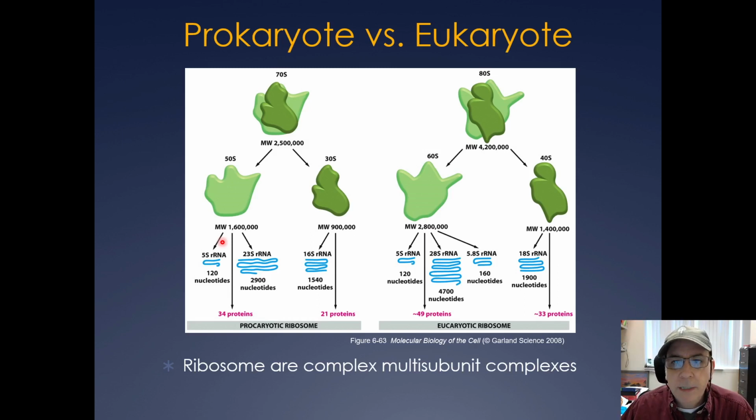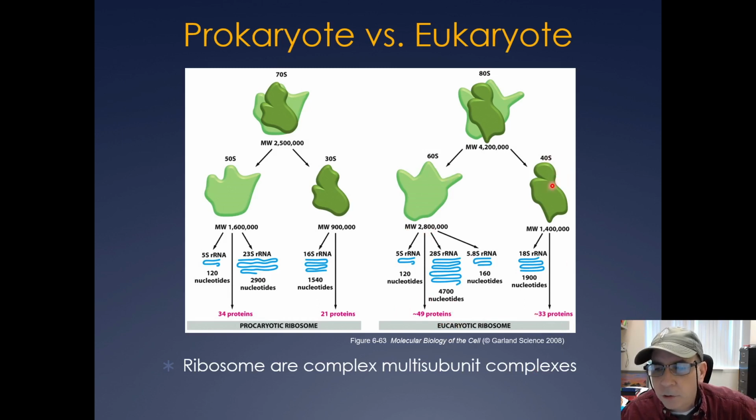Here's what the ribosome looks like. In the prokaryotic case, you have a 70S ribosome that's split up into a 50S and 30S, and they contain ribosomal RNA sequences. In eukaryotes, it's an 80S ribosome that's composed of the 60S and the 40S subunits, and they also have ribosomal RNAs predominantly. And then there are also some proteins. In a eukaryotic ribosome, there are about 49 proteins in the large subunit, and 33 proteins in the small subunit.